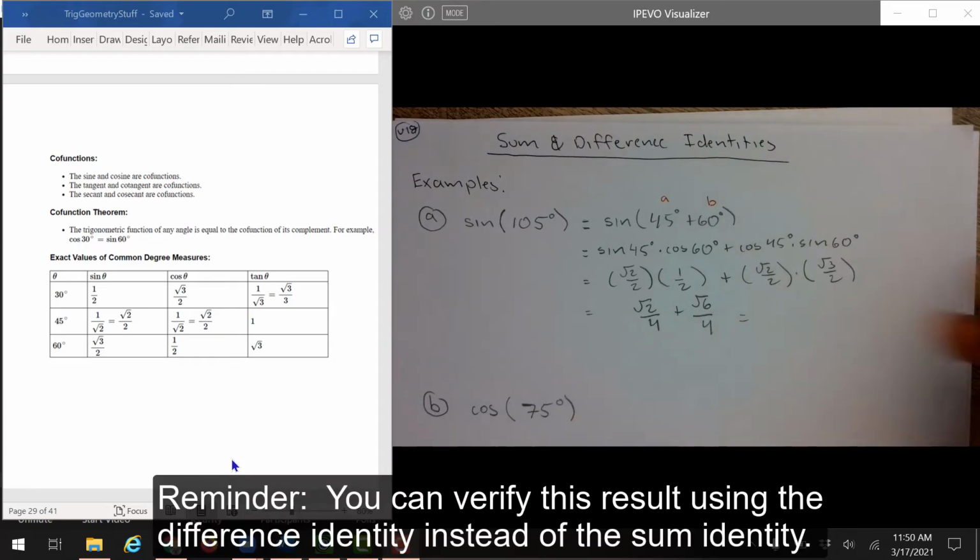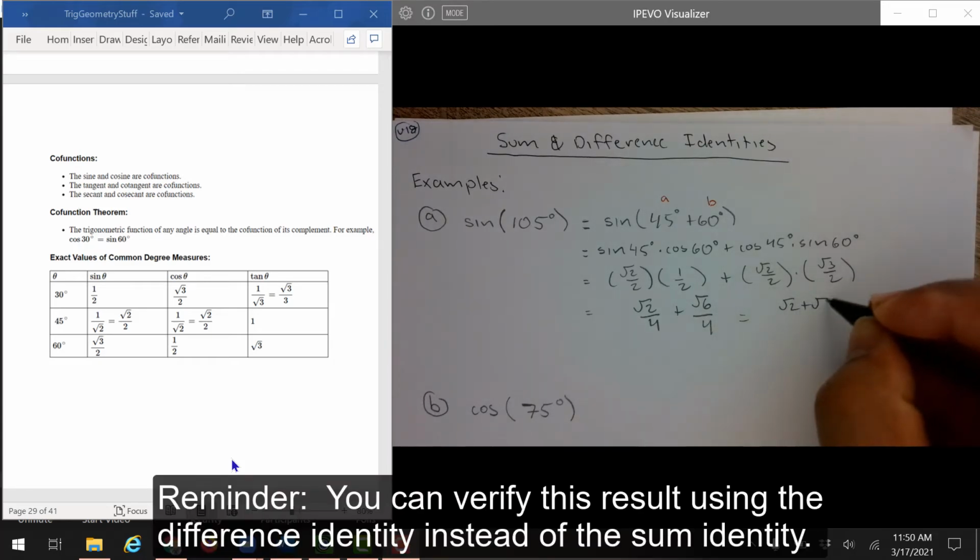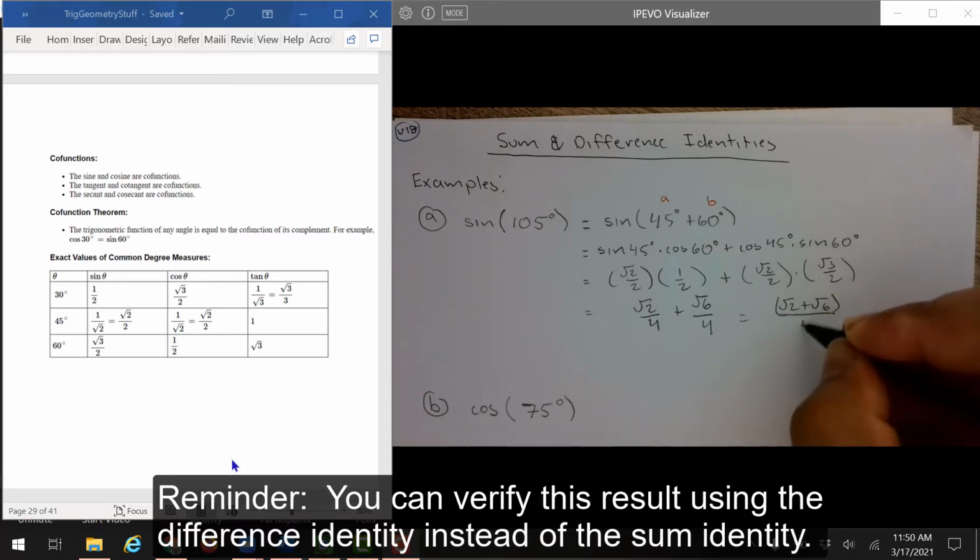Reminder, you can verify this result using the difference identity instead of the sum identity.